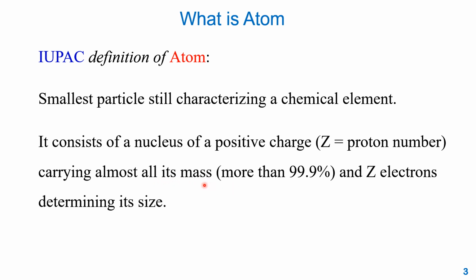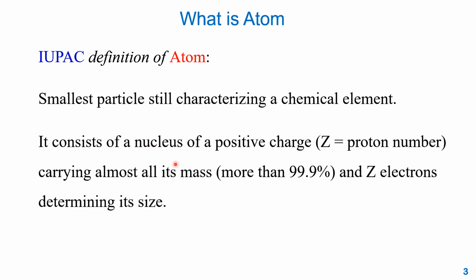Okay, and more than 99.9% of the mass is in the nucleus of the atom, and there are Z electrons. The number of electrons equals the proton number. Okay, that determines its size. So although more than 99.9% of the mass is in the nucleus, the nucleus is very, very small.